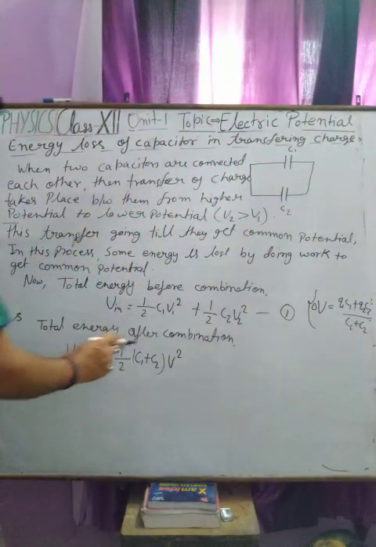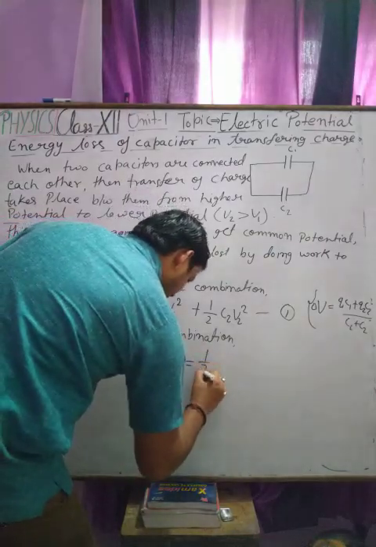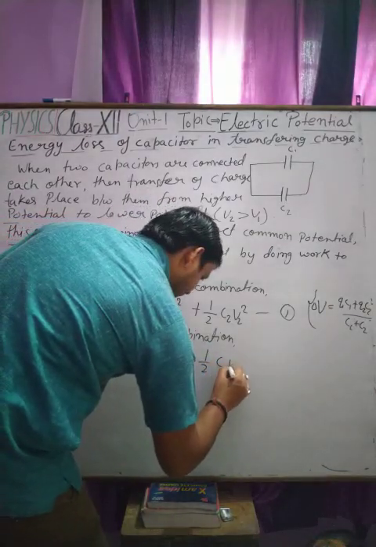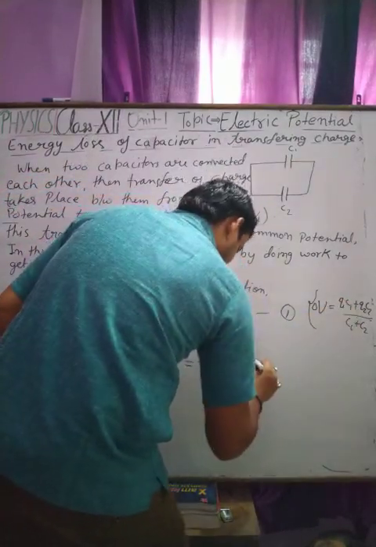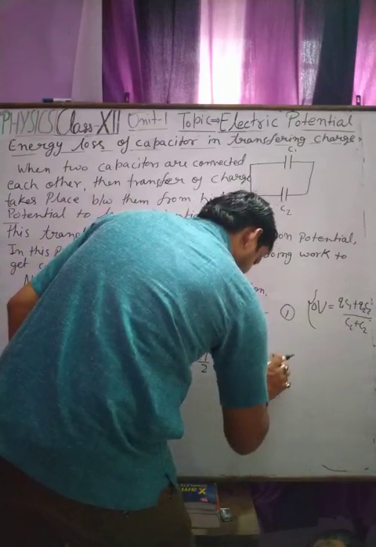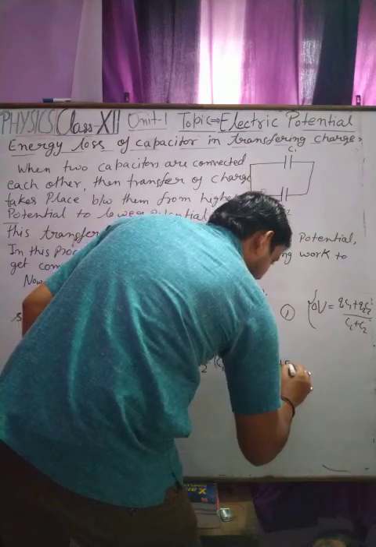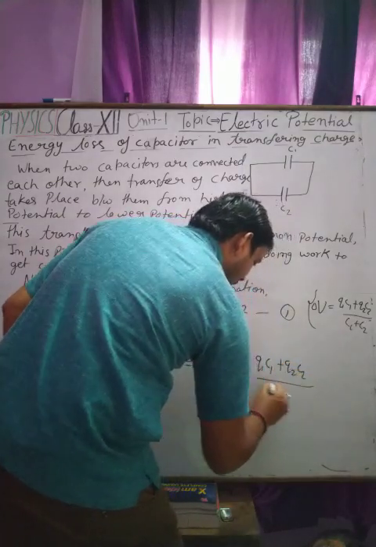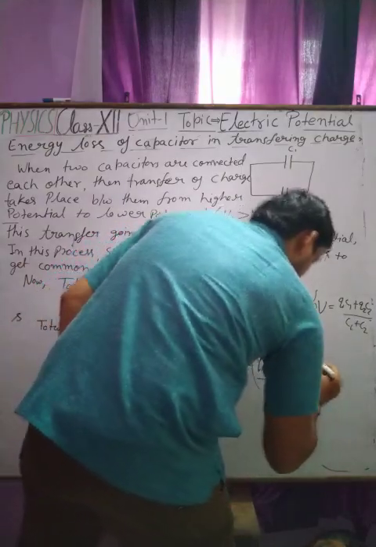Now on putting this value here, half C1 plus C2, in place of V we can put C1 V1 plus C2 V2 upon C1 plus C2 whole square.